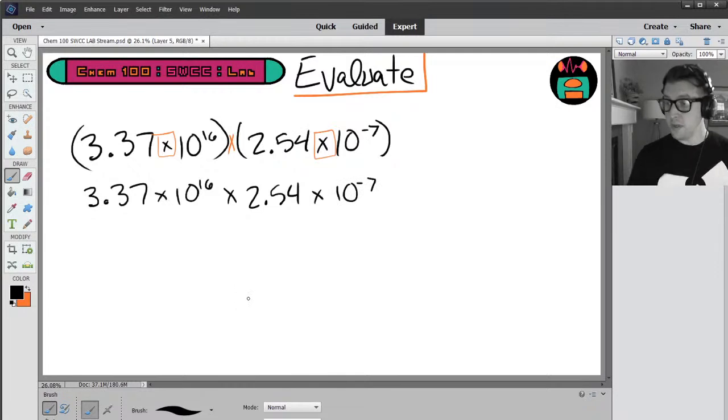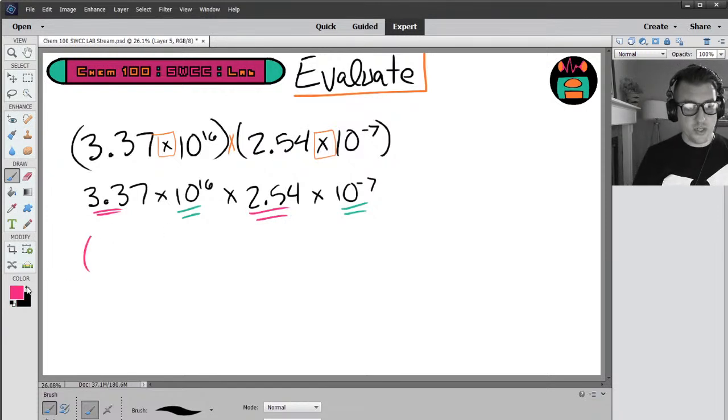And we know that multiplication, it doesn't matter what order you multiply in. You can do it in any order you want. So what I'm going to do is regroup these. I'm going to place our exponents of 10 together, and I'm going to place our numbers together. Well, they're all numbers, but you know what I mean.